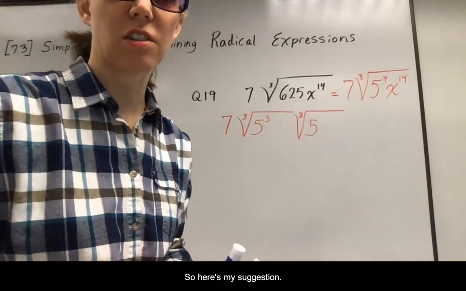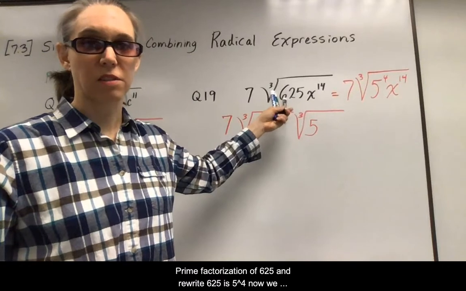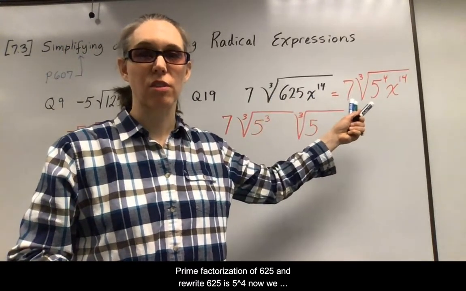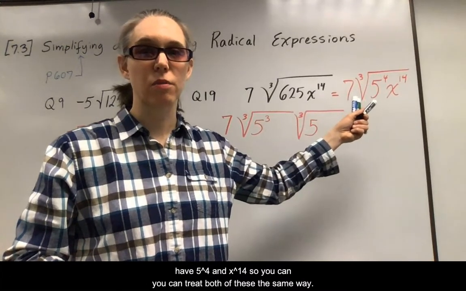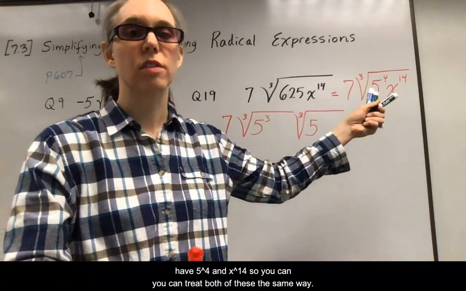So here's my suggestion. Take 625, use the prime factorization of 625, and rewrite 625 as 5 to the 4th power. Now we have 5 to the 4th power and x to the 14th power, so you can treat both of these the same way.